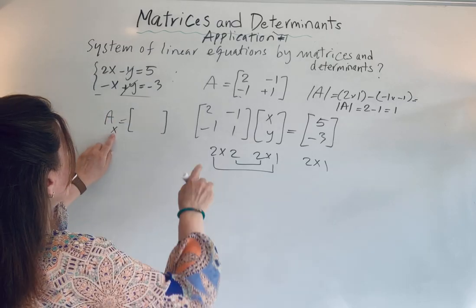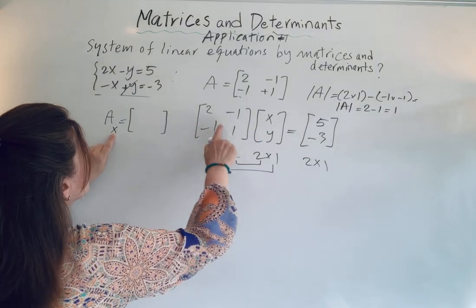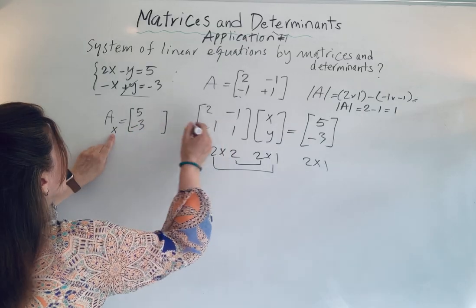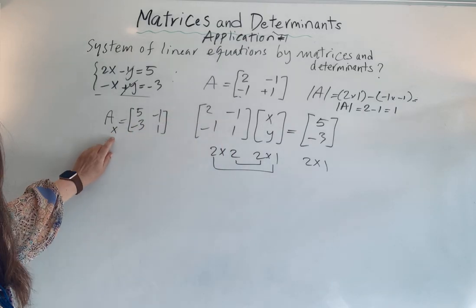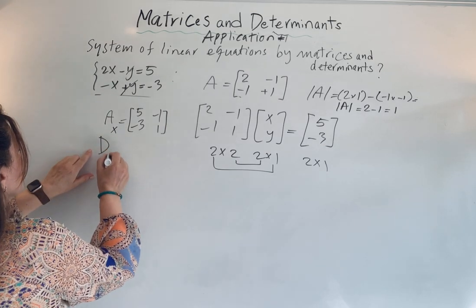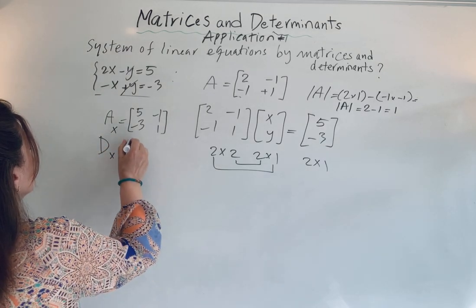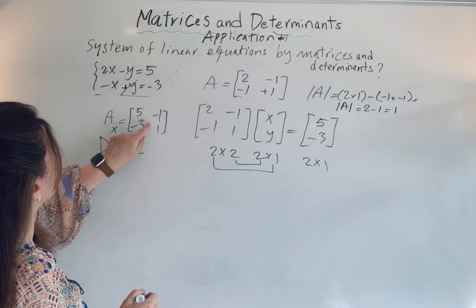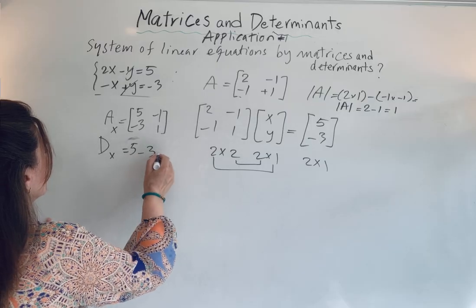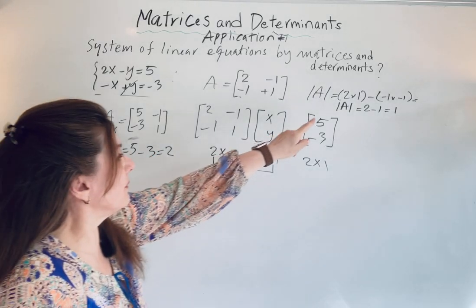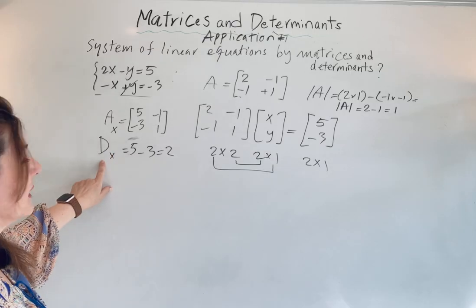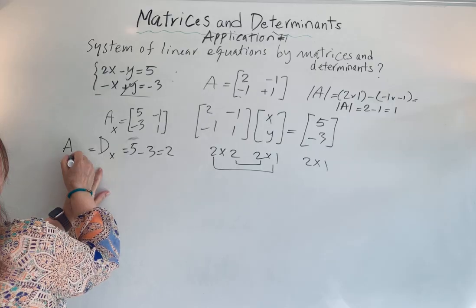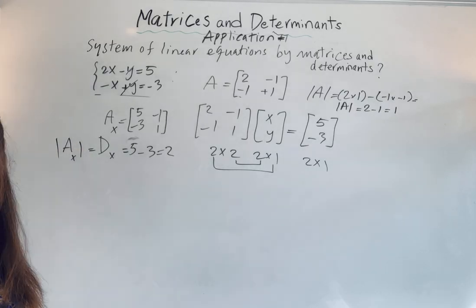A of x is the matrix where, instead of the x coefficients, you use the answer, but the rest is the same. What is the determinant of this? D of x is 5 times 1, which is 5, minus negative 3 times negative 1, which is 3, gets 2. This is the determinant of A of x.